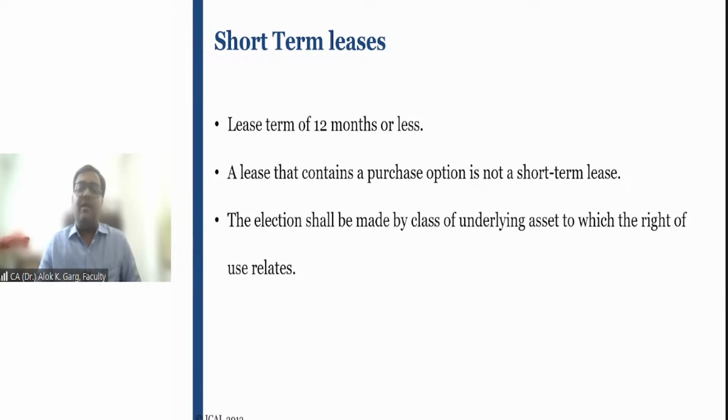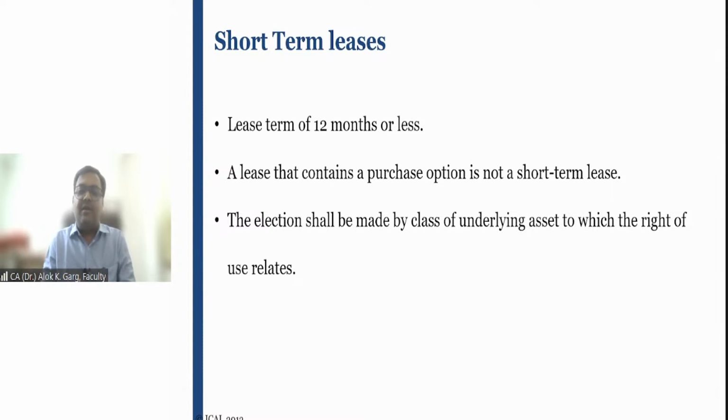For example, the lessee has entered into a lease agreement for a car for 10 months, or let's say for 12 months. So the lessee is paying a lease rental of rupees 10,000 every month, right? Ideally, the lessee needs to create a right of use asset and the lease liability on the commencement date. The lessee needs to charge depreciation.